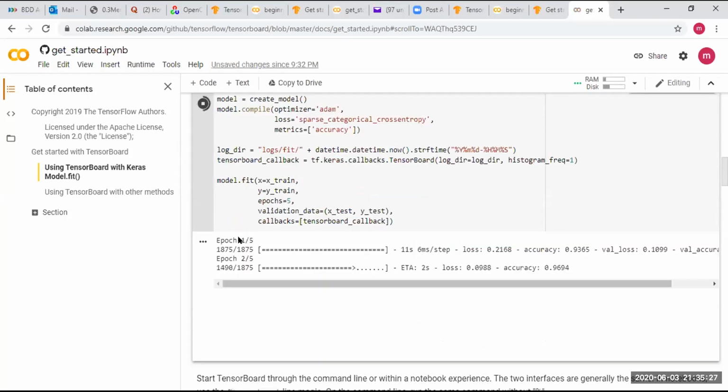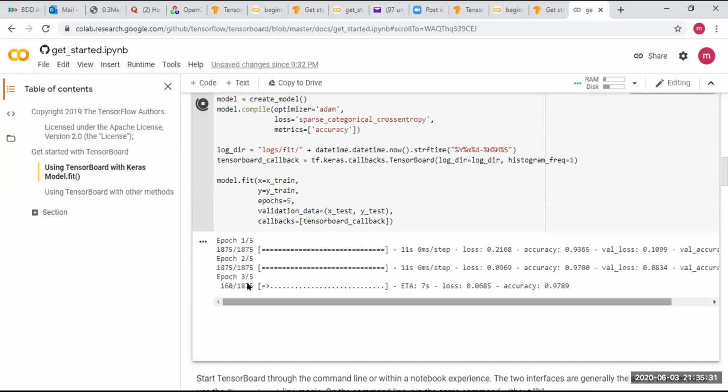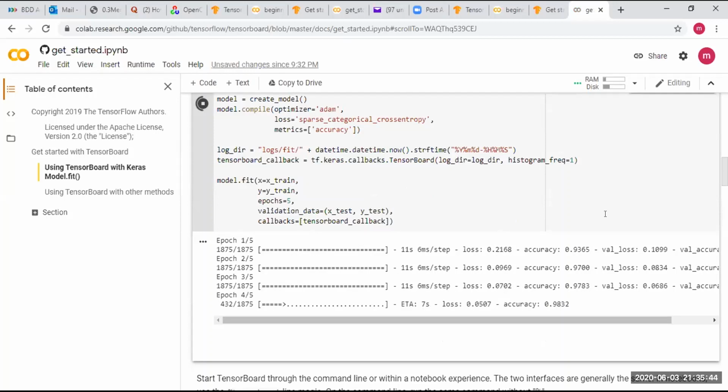So in here, the system is learning. We have a value of loss of 0.21 going to 0.09 to 0.07. We have validation losses, validation accuracy. So the display in here, we have two extra values.